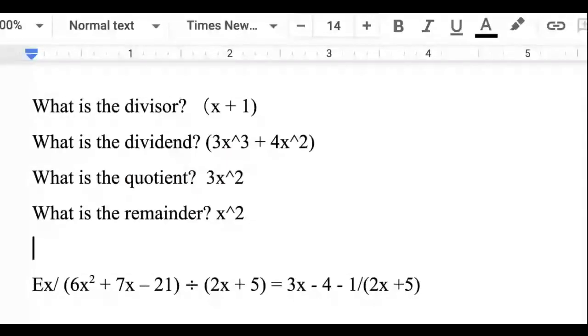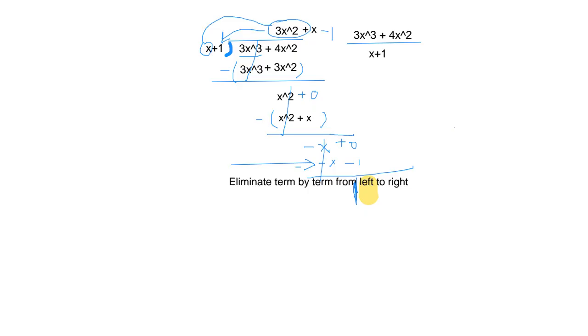But this one is not finished. So this one actually should be, let me change this. Three x squared plus x minus 1. Then the remainder is 1.